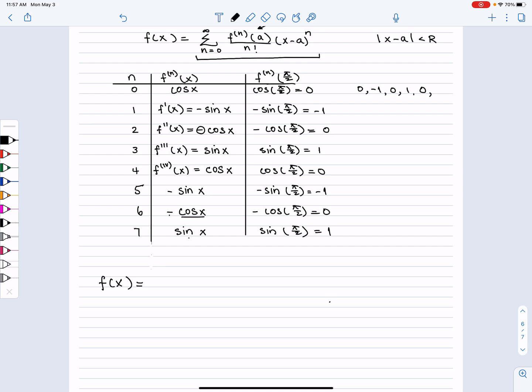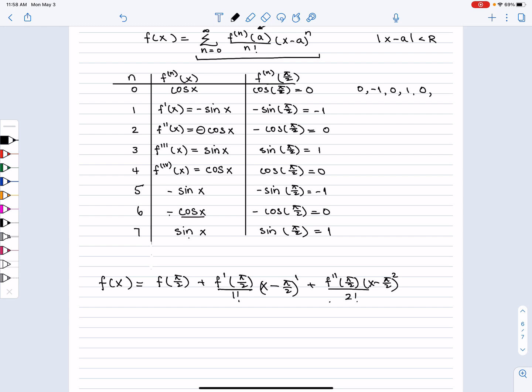If we expand that Taylor series, then it's going to be f at pi over 2 over 0 factorial plus f prime at pi over 2 over 1 factorial times x minus pi over 2 to the first power plus f double prime at pi over 2 x minus pi over 2 to the second power over 2 factorial.